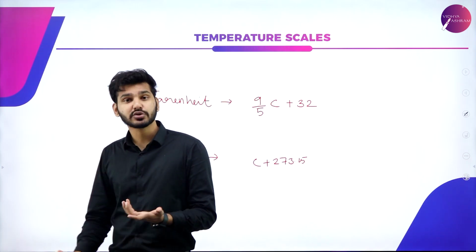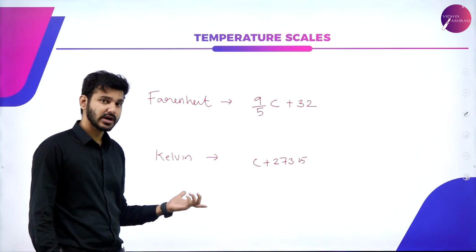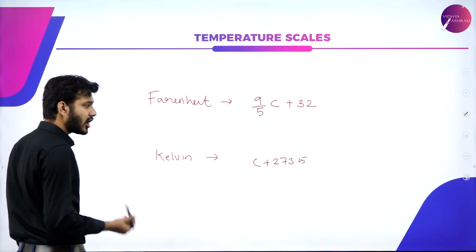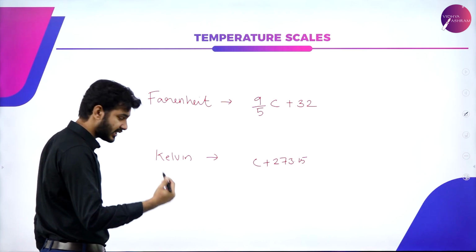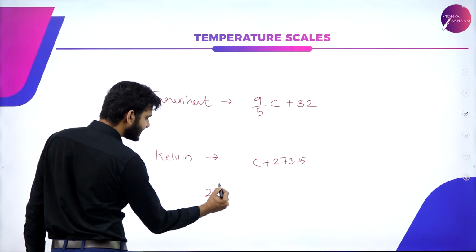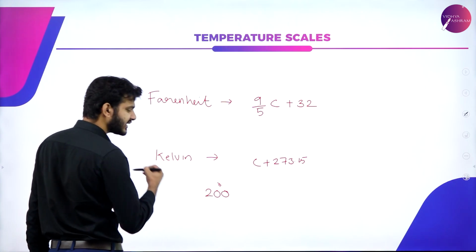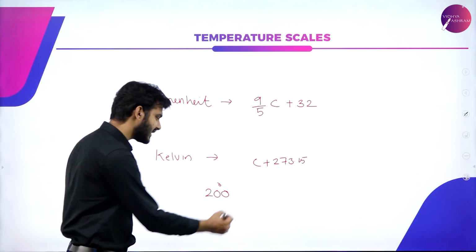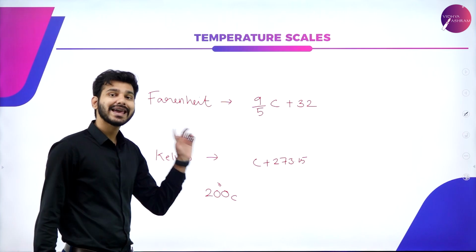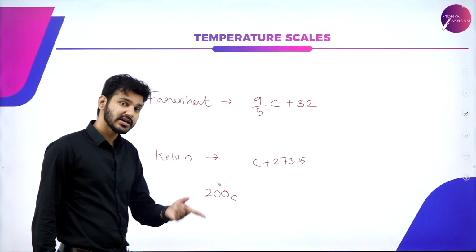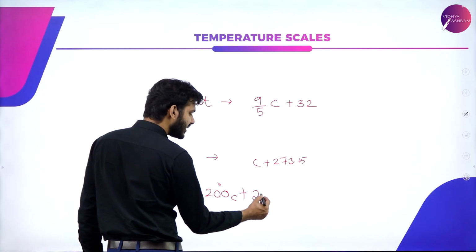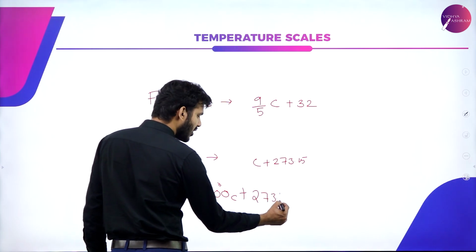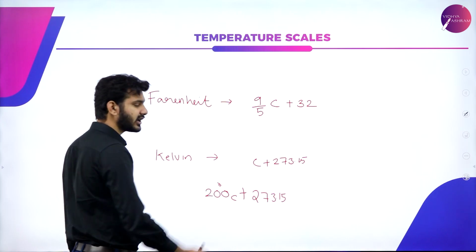You can convert it using the simple formula that is given. For example, if they ask you to convert 200 degrees Celsius into the Kelvin scale, how can you do that? Simple, you just have to add 273.15 to that number.